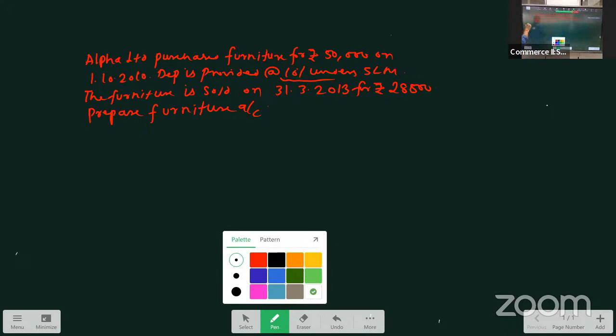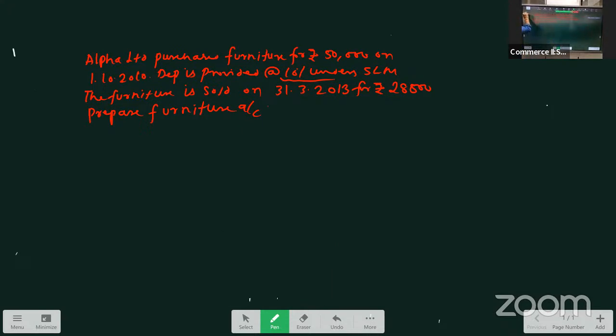So it was purchased for 50,000 on 1 October. Now we are preparing the furniture account. This is our debit. This is our credit.